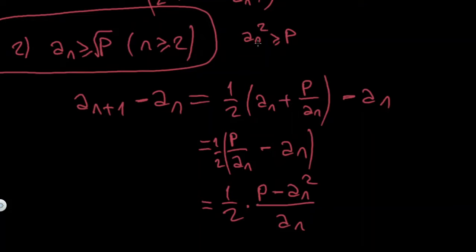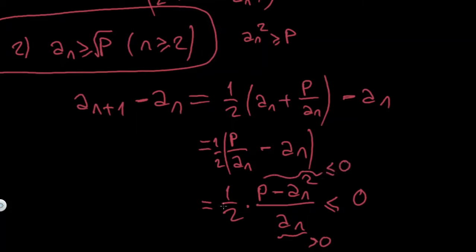So p minus an squared is less or equal than 0. So this top part is less or equal than 0. But I know that an is positive because I'm only putting positive values. So there's no reason that any an is going to be negative. So this is positive, and this is less or equal than 0.